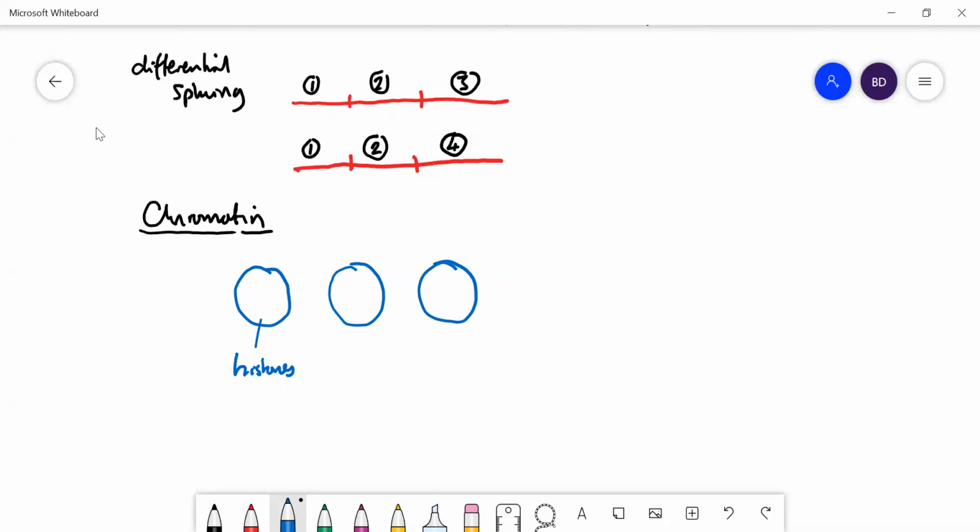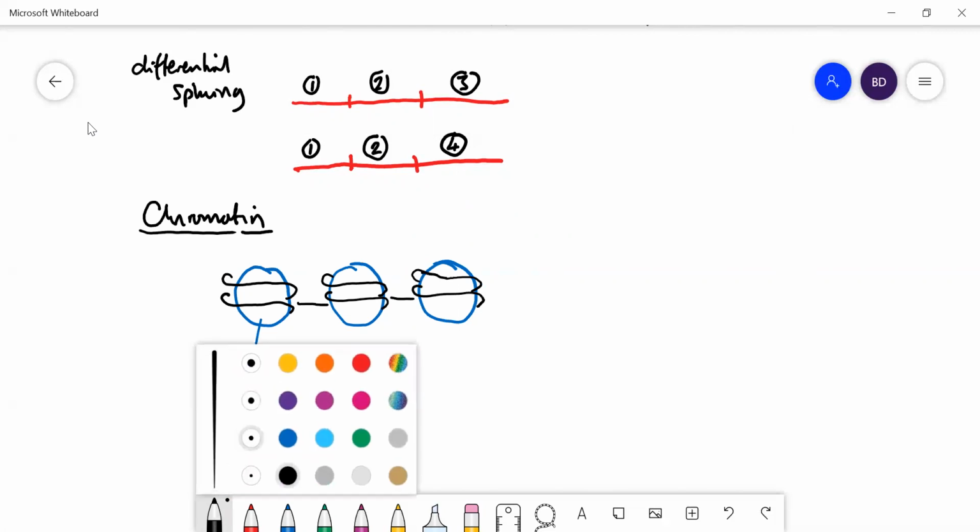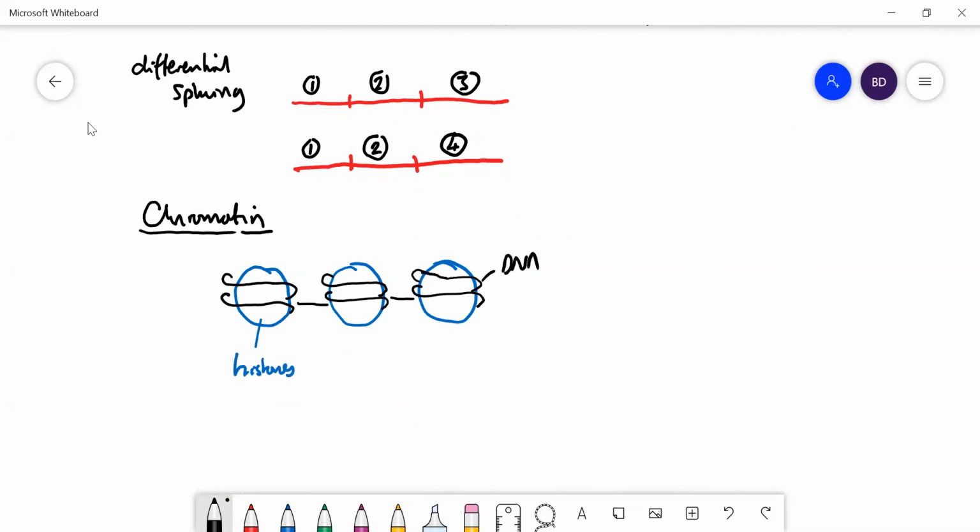And each one of those balls is called a nucleosome. There's actually 8 histones in there, and the DNA is kind of wrapped around that, like that, okay, and the black is the DNA. That's the structure of chromatin.